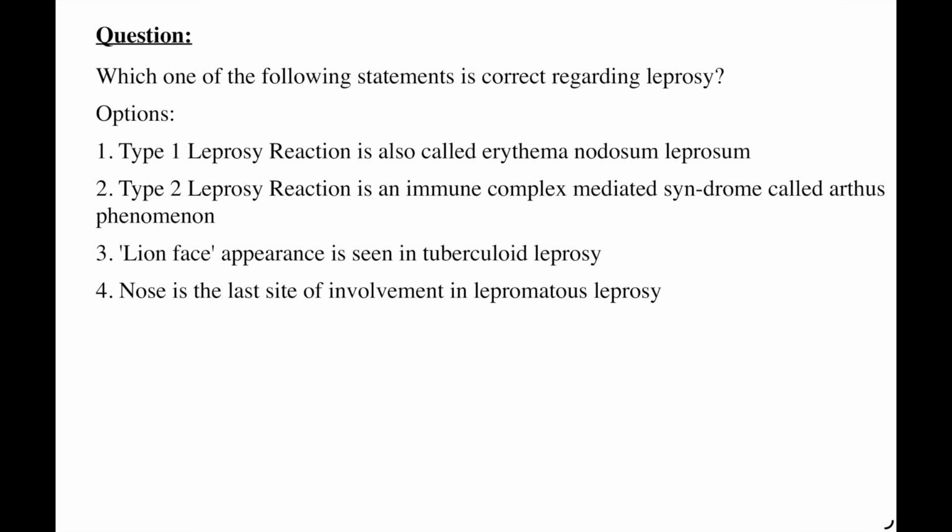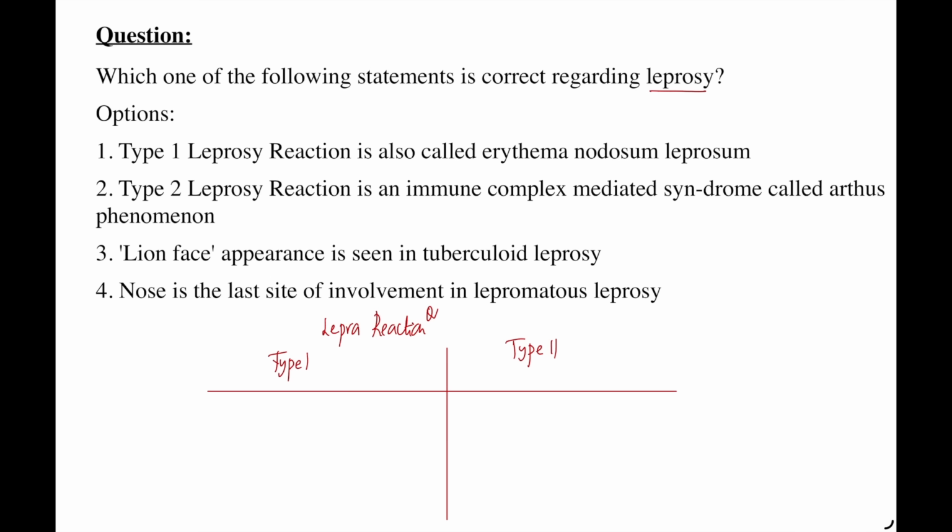Which of the following statements is correct regarding leprosy? Lepra reaction per se is very important for MCQ based exams. Lepra reactions are classified into type 1 and type 2 lepra reactions, which are commonly seen.